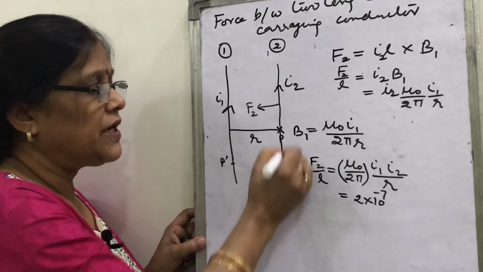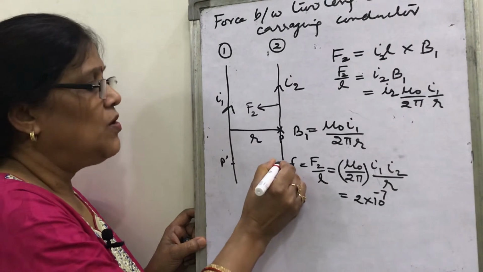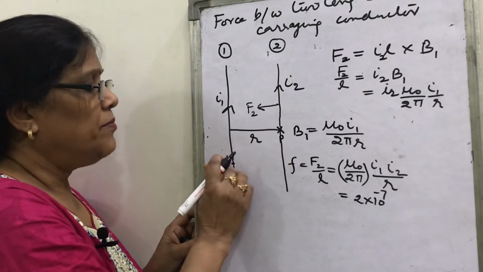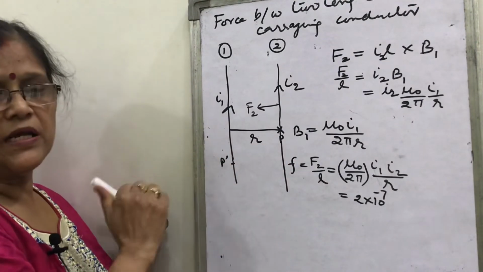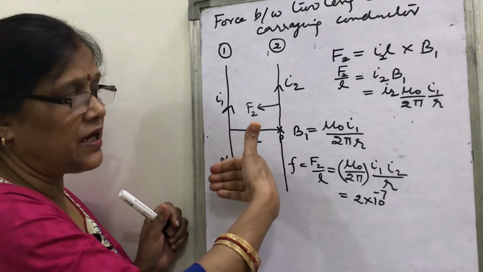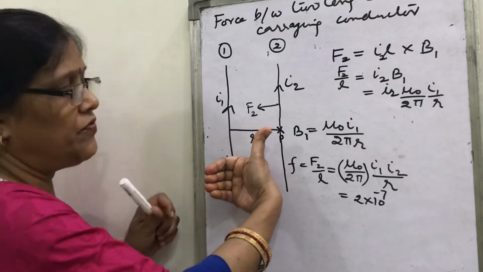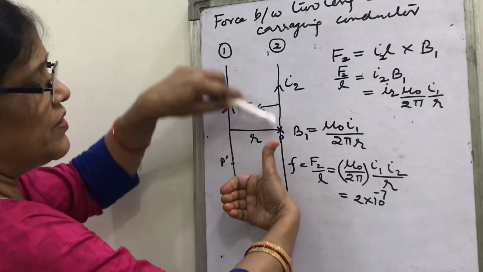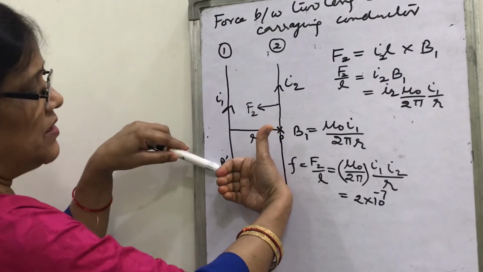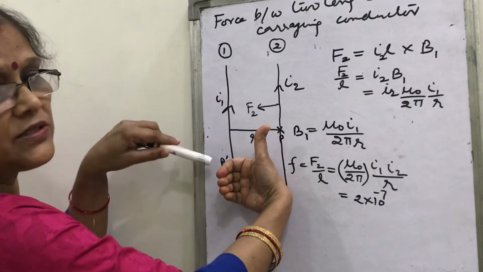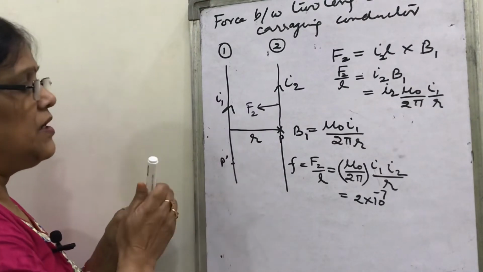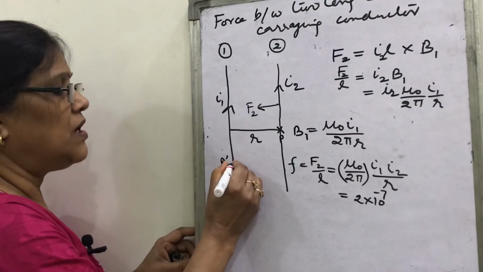Due to the second wire current I2, what will be the magnetic field at P dash? Again you use the right hand thumb rule. You find thumb in the direction of I2, then magnetic field lines are upward. So here the magnetic field lines are upward.